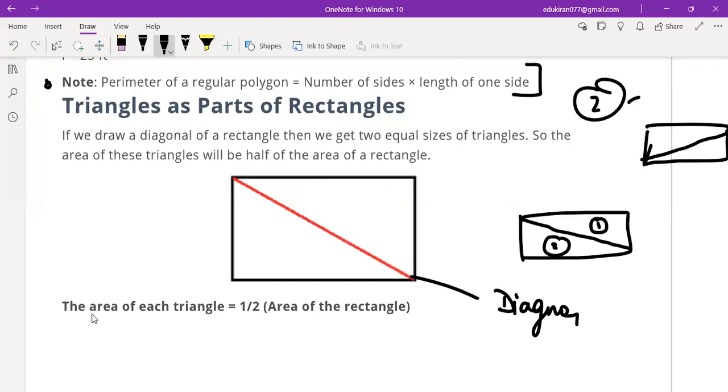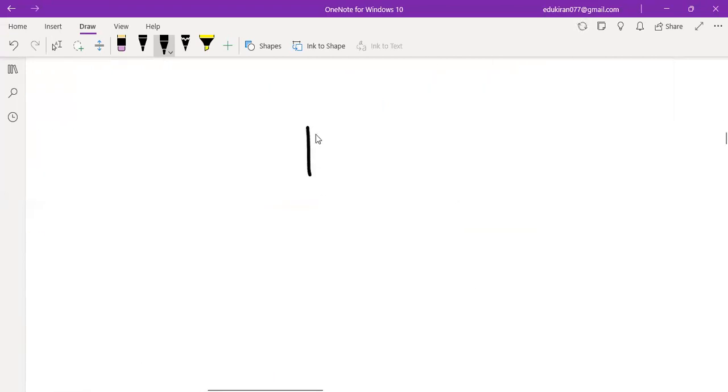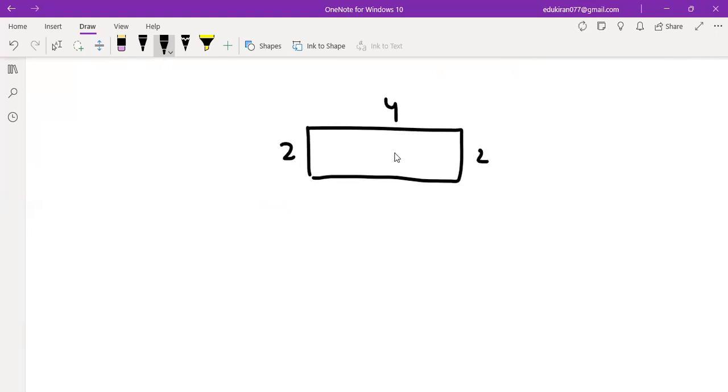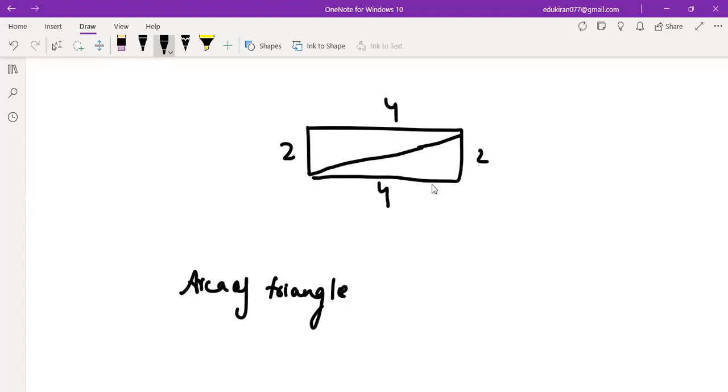When you have to find the area of each triangle, the formula would be half the area of the rectangle. For example, this is a rectangle with sides 2 and 4, and I asked you to find the area of the triangle.